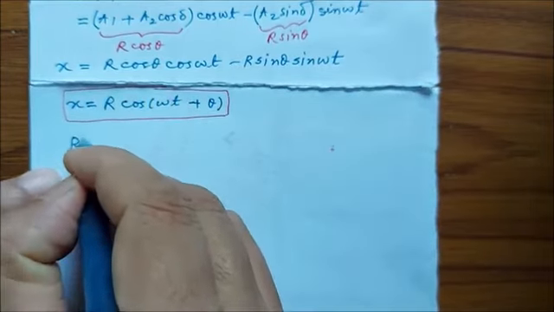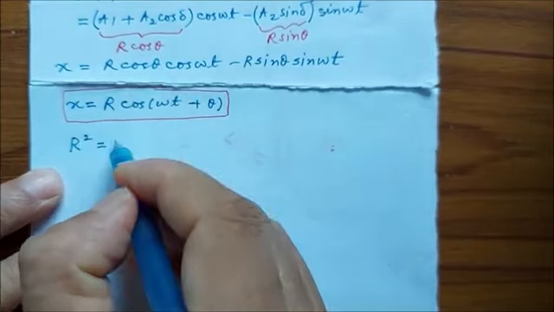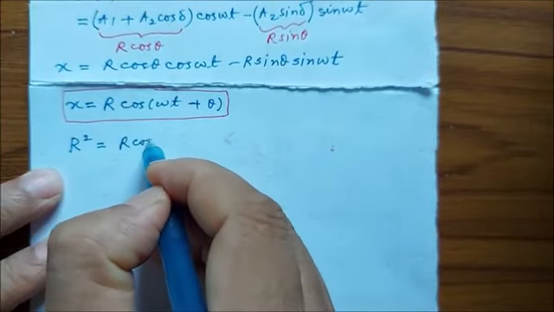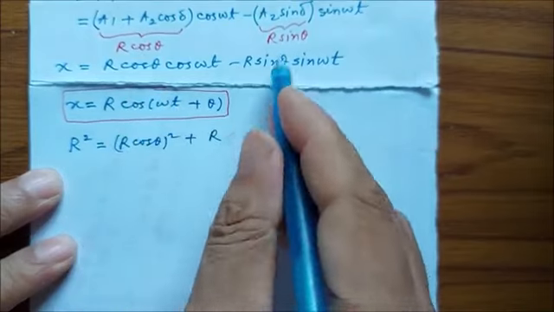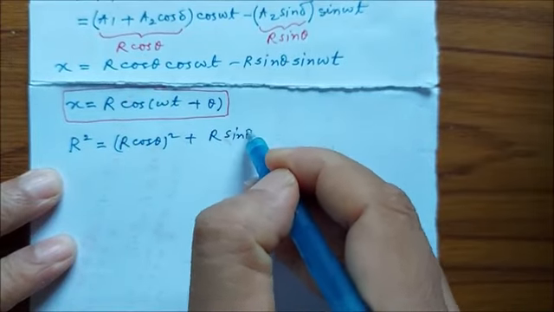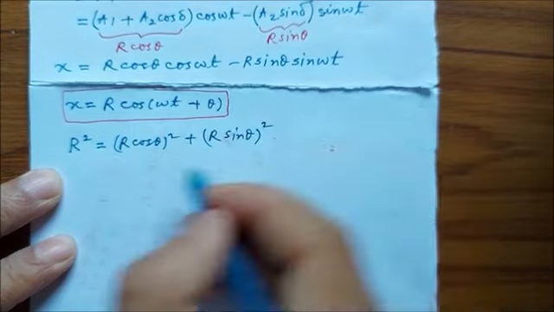where r square is r cos theta whole square plus r sin theta whole square.